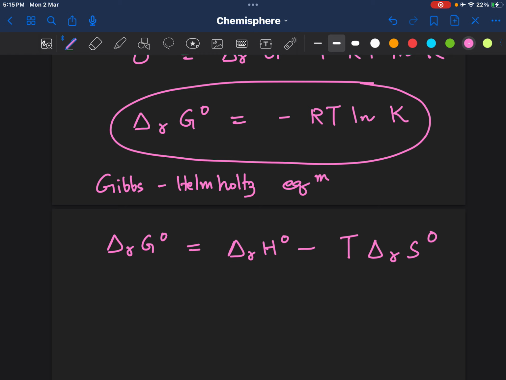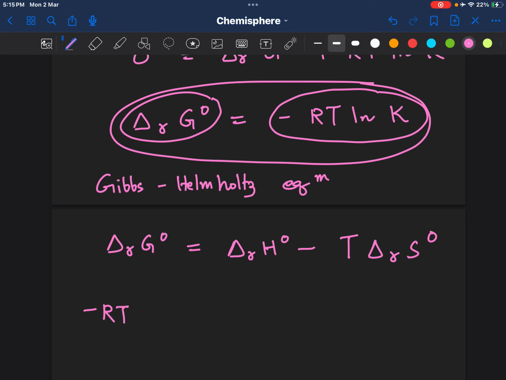Here delta R G naught is the change in Gibbs free energy of the reaction at standard state, delta R H naught is the change in enthalpy of the reaction at standard state, T is again temperature, and delta R S naught is the change in entropy of the reaction at standard state. Now we will substitute the value of delta Rg naught that we obtained from the previous derivation. So we substitute minus RT ln K is equal to delta RH naught minus T delta R S naught.